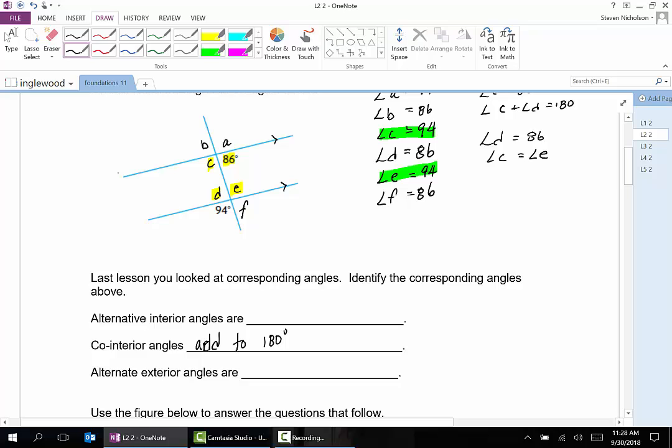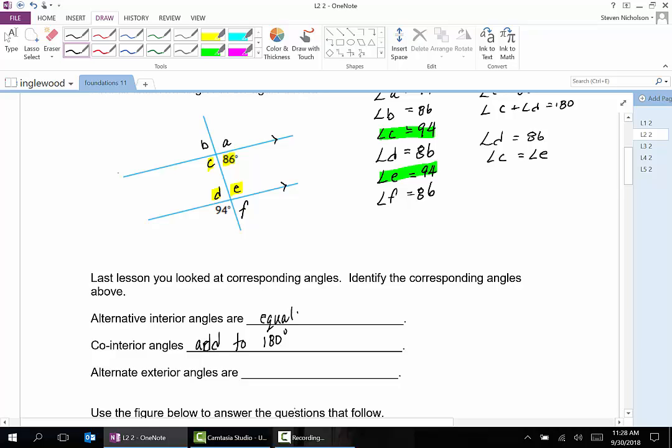They both equal 94. These kind of angles are called alternate interior. And alternate interior mean, first of all, the angles are inside the parallel lines, and alternate means they're on opposite sides of the transversal. Alternate interior angles are always equal.